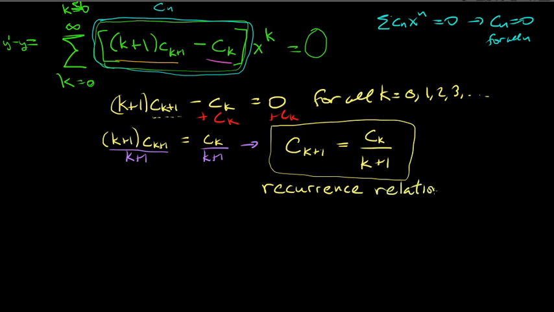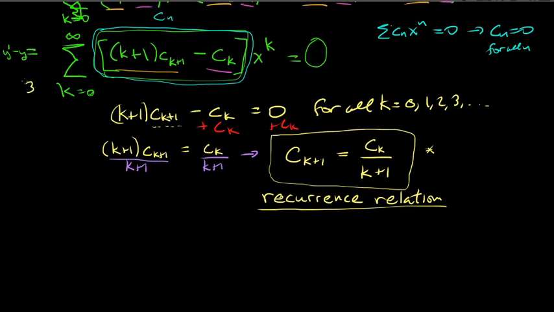I think I'm spelling that right. So this is going to be the key to solving our equations. You have to get the recurrence relation. So that's basically step 3, to get the recurrence relation. All of this was step 3 here, and we got the recurrence relation.